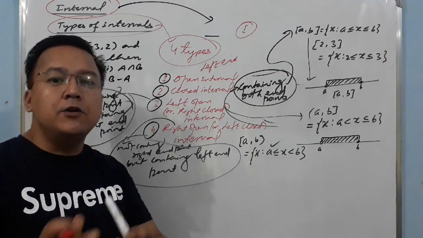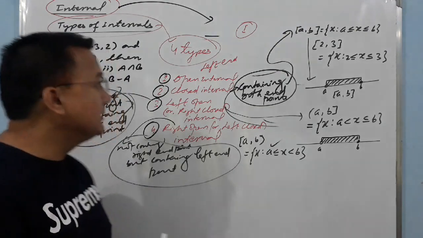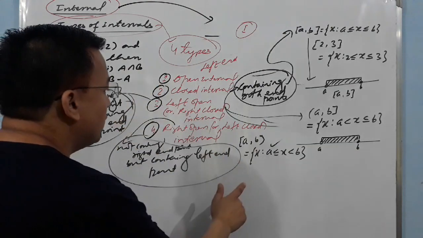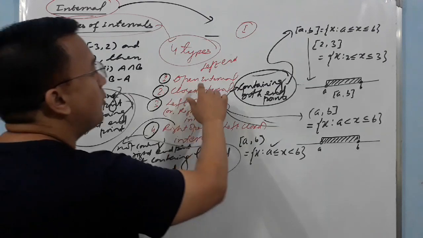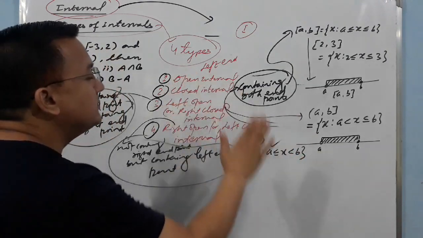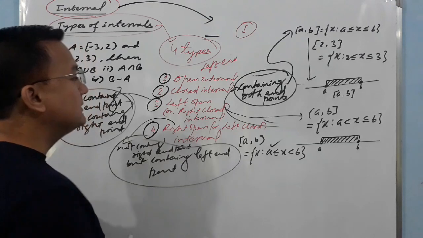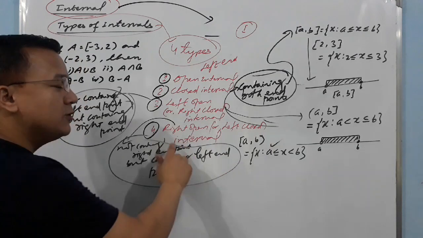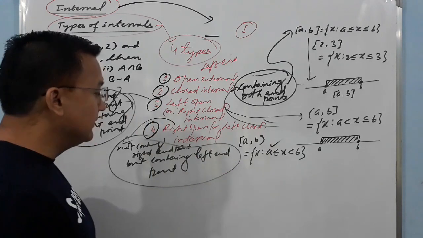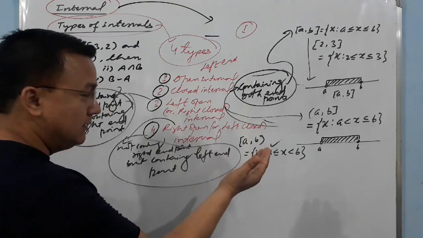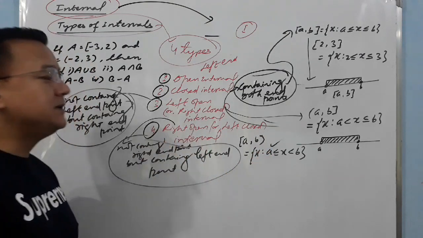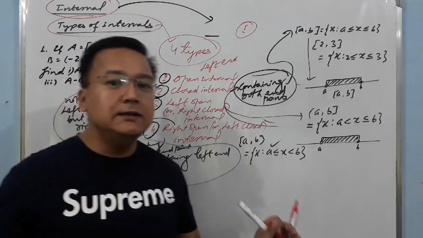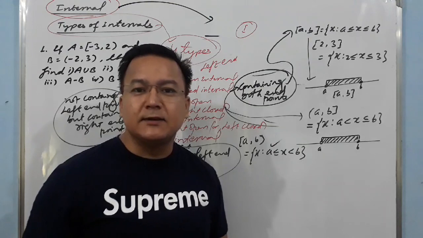On the basis of containing or not containing, we have four types of intervals, as I have written here: open interval, closed interval, left open, and right open. Very simple. Open interval does not contain endpoints, closed interval contains both endpoints. Left open means not containing the left endpoint but containing the right endpoint. Right open means not containing the right endpoint but containing the left endpoint, called your right open or left closed interval. Now I think you have no doubt. If you have a doubt, don't hesitate to ask a question.